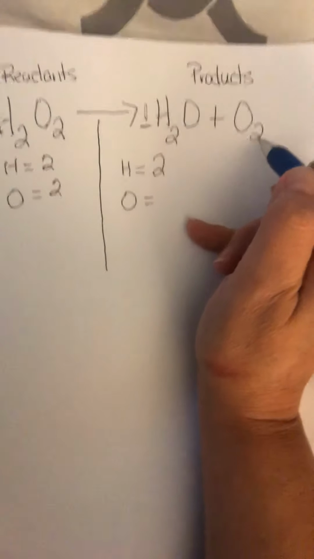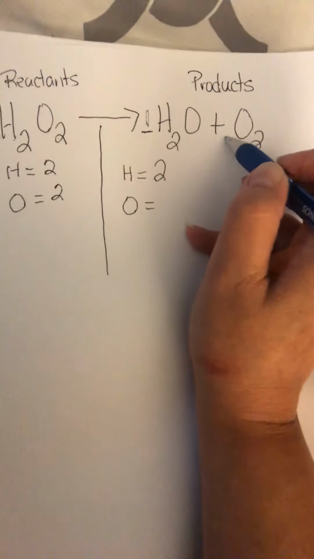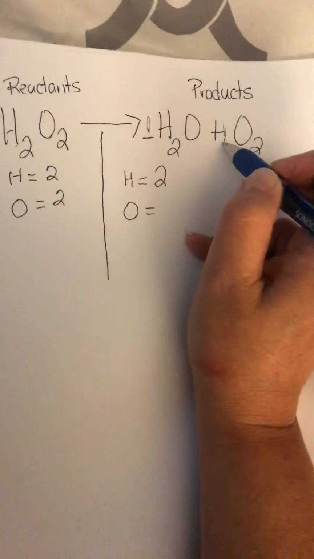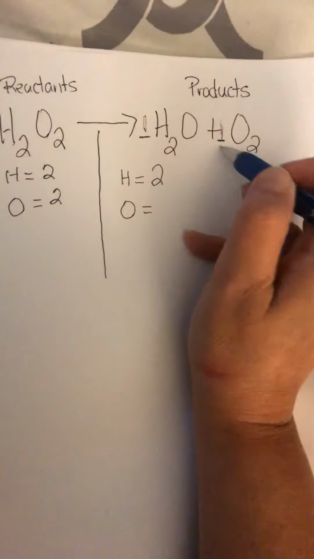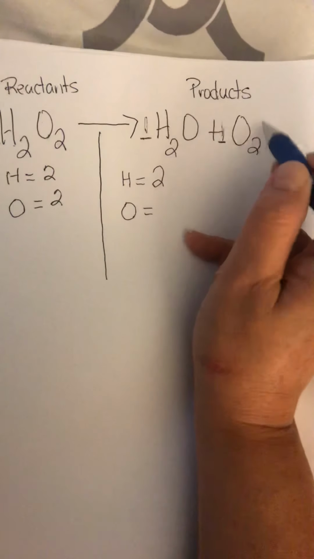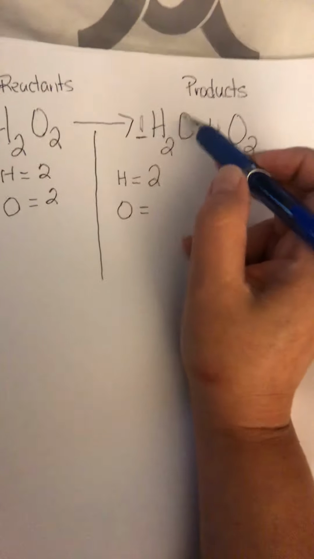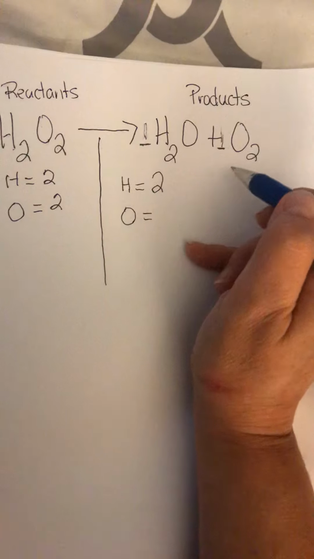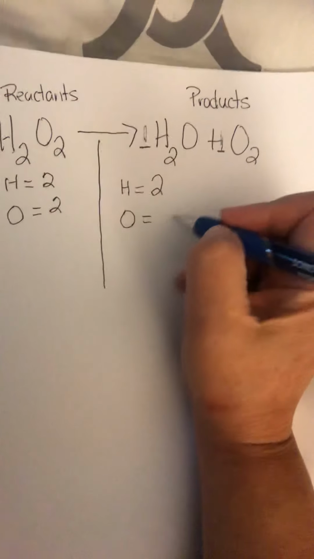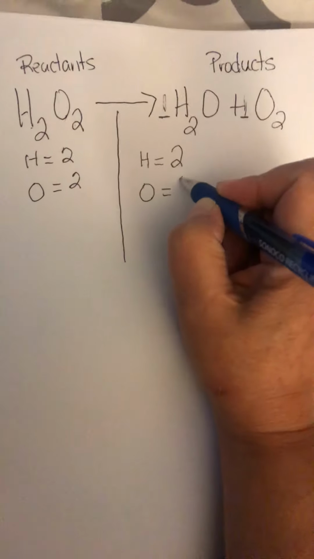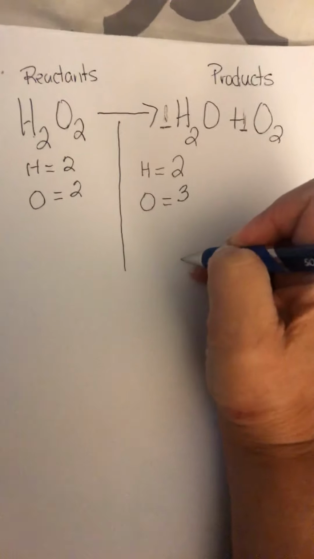So 2 hydrogen, because I could also show you the 1 as my coefficient, it's imaginary. 1 times 2 is going to give me 2 oxygen here. I've got 1 oxygen here, so 1 plus 2 is going to give me 3.